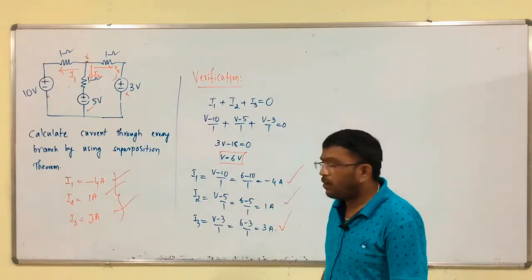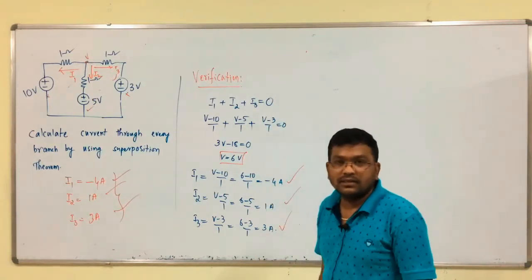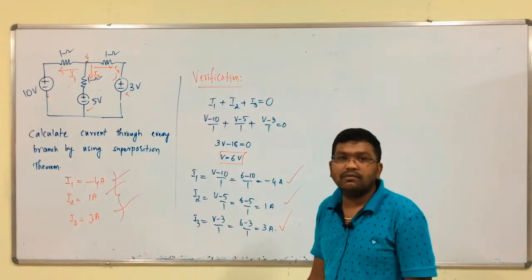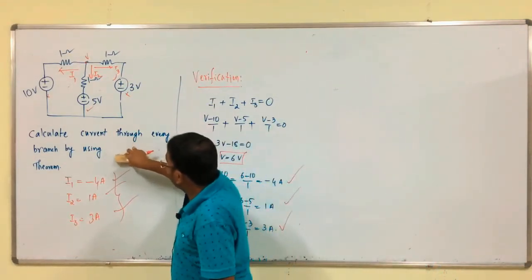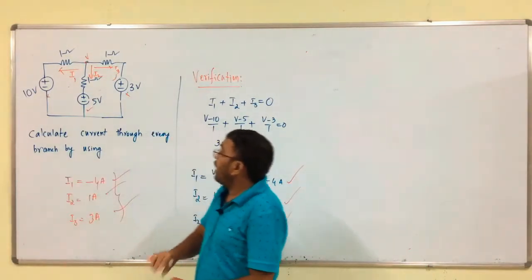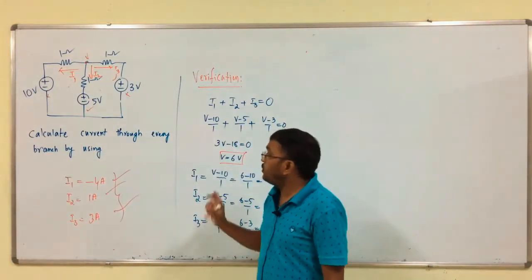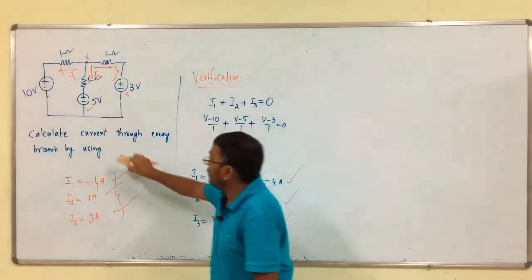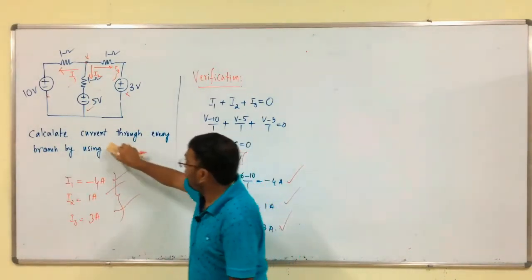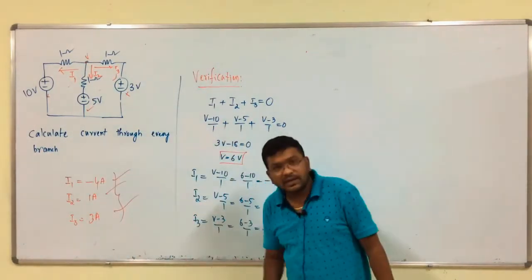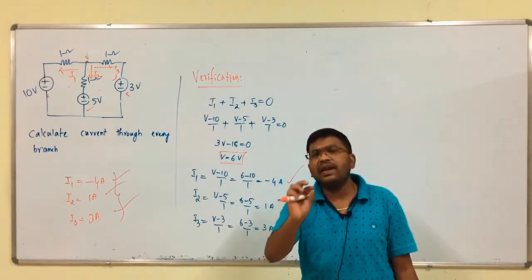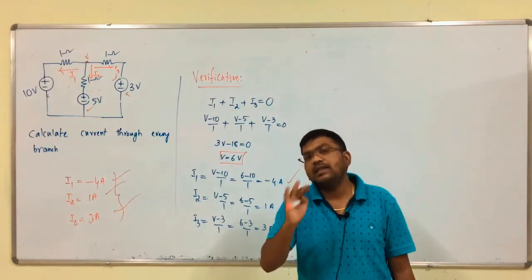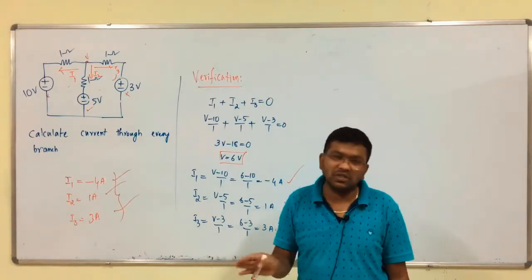So, like this you have to verify the answers, whether they are correct or not, in your exam. For example, if the examiner did not provide the theorem, just calculate the current through every branch by using any of the methods. He did not mention any method, whether it is superposition theorem, Thevenin's, Norton's, nodal, or mesh.